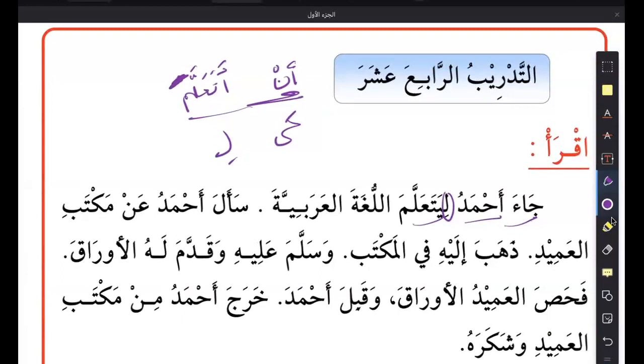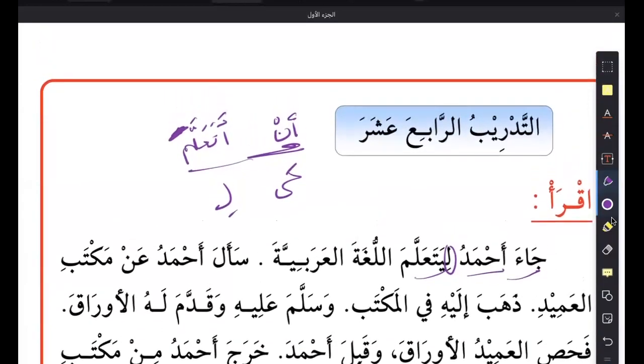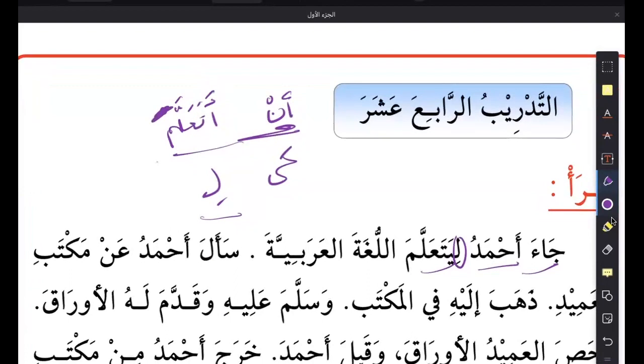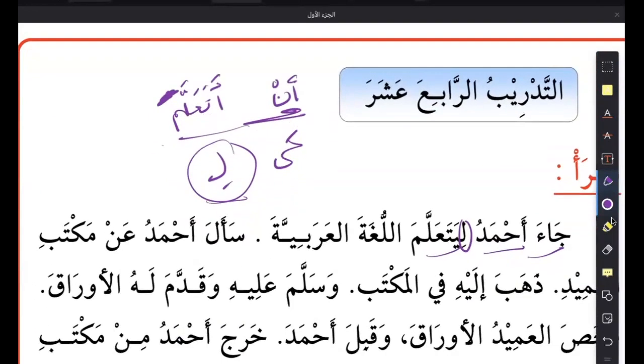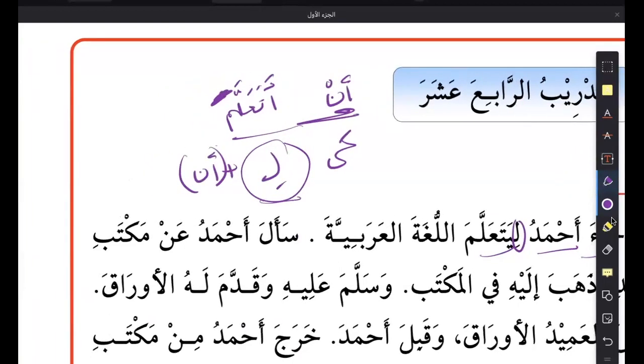Right now, I think it's better to just learn all of these words separately, that they all make the present tense verb into a mansub. Because if you go into grammar, they will say the harful jar li does not make it into fatha. There is a hidden an somewhere, which is acting on its behalf.